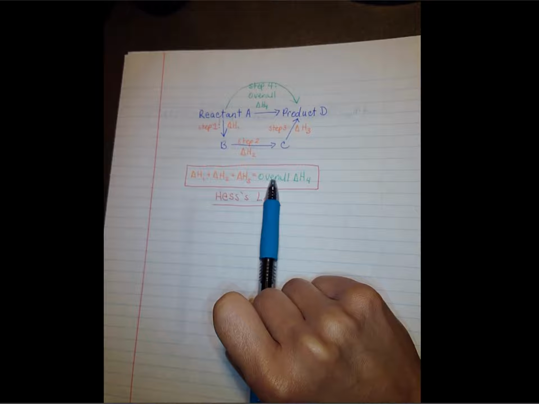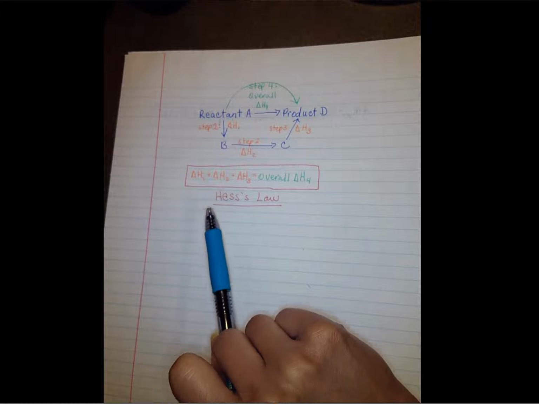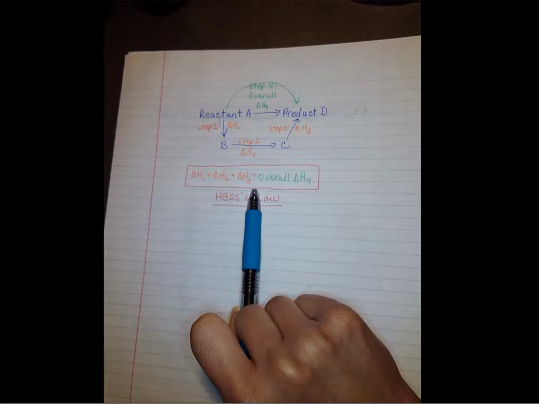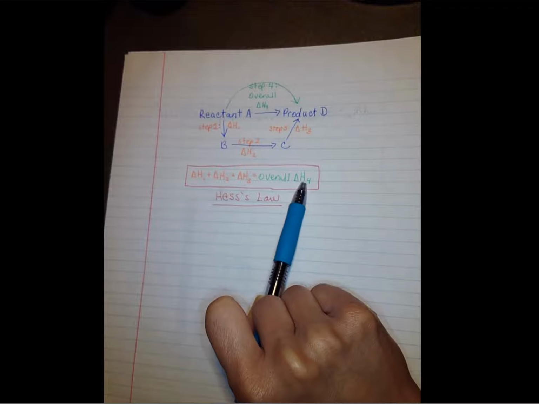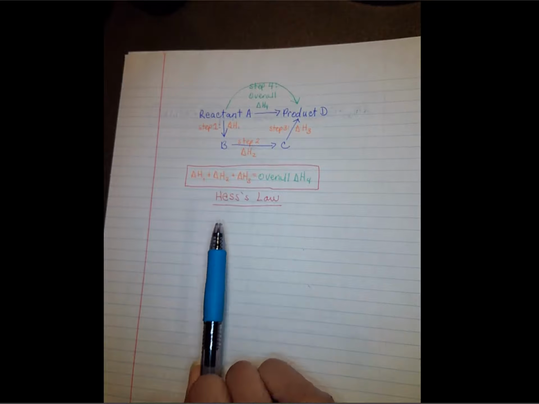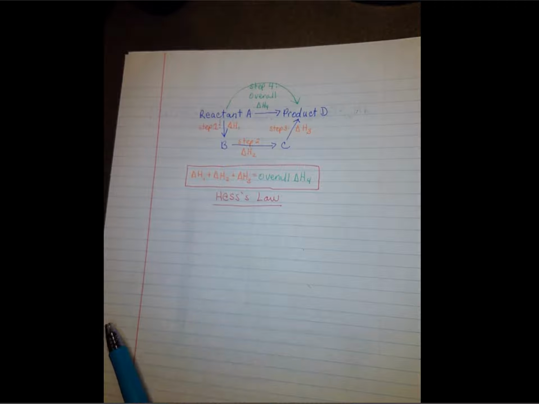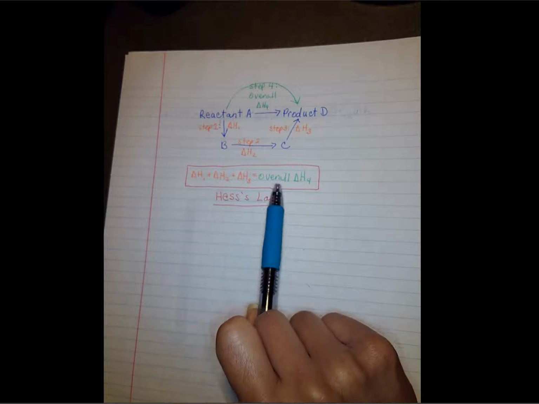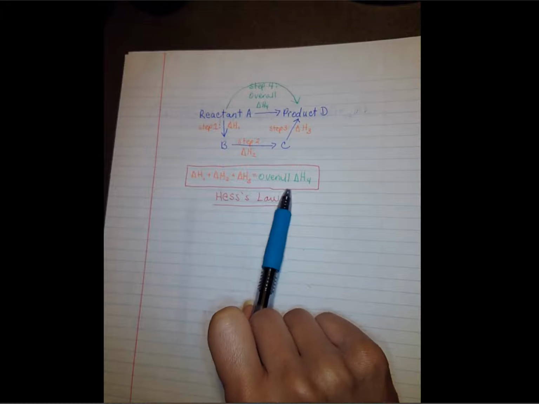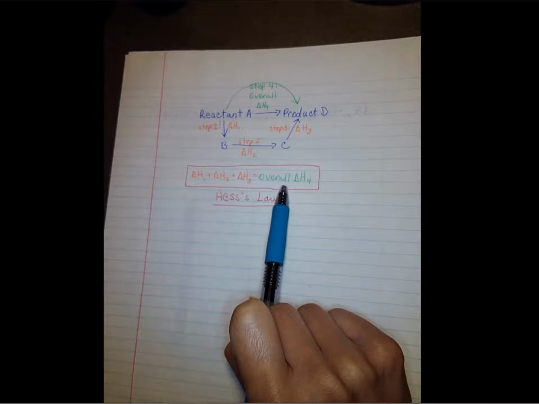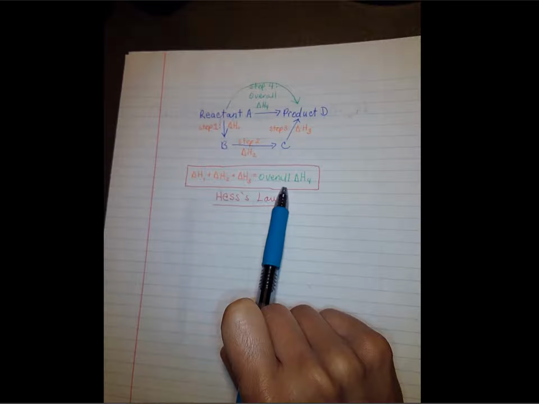That is to say that if the change in enthalpy of a step is not known, then that missing change in enthalpy can be easily determined. So if the individual change in enthalpy is known for each step, then the overall change in enthalpy can be determined.